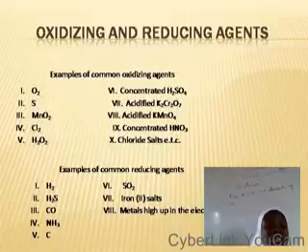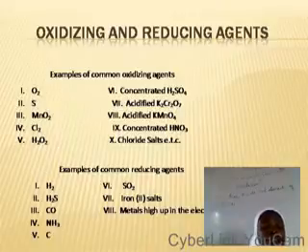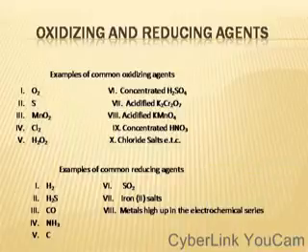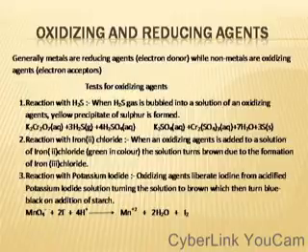As we have seen here, we have hydrogen, hydrogen sulfide, carbon monoxide, ammonia, carbon, sulfur 4 oxide, iron 2 salts, then metals higher up in the electrochemical series. They are all reducing agents.